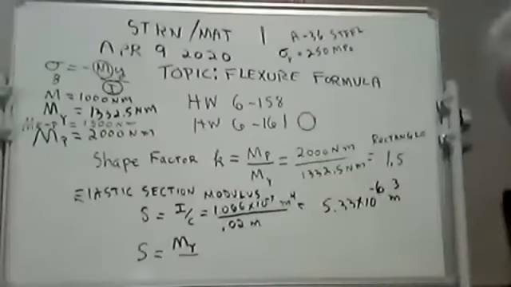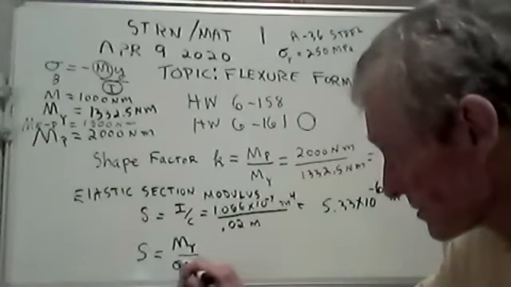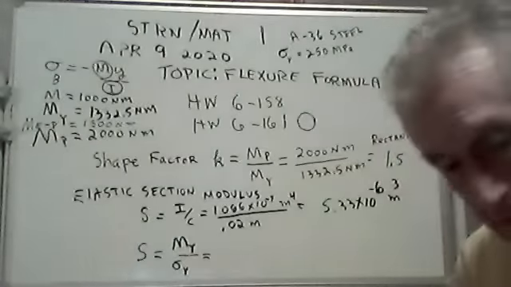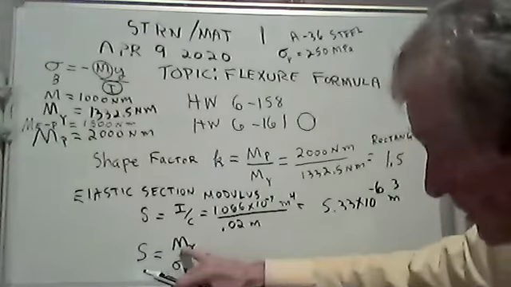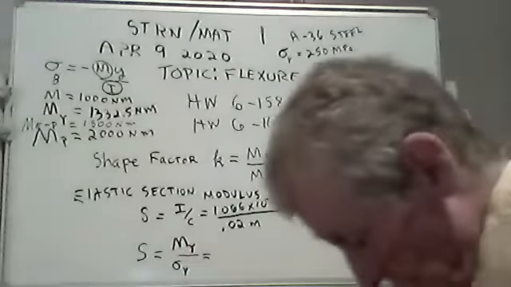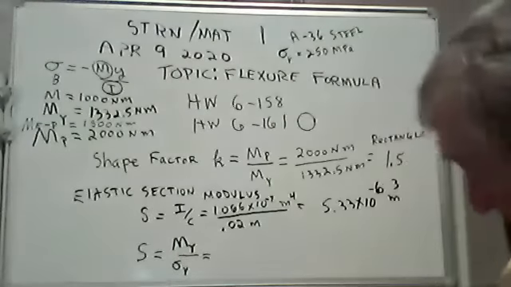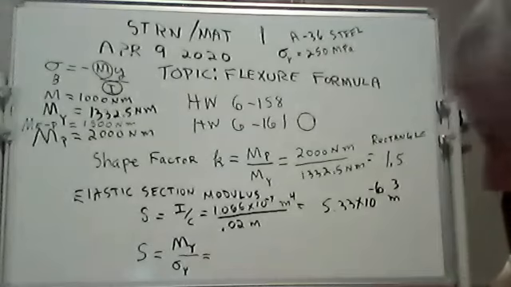No, that's pretty good. Okay, now the other formula goes like this. And let's plug that in and see if you get the same answer. Now, this thing here has a name. It's the maximum elastic moment.